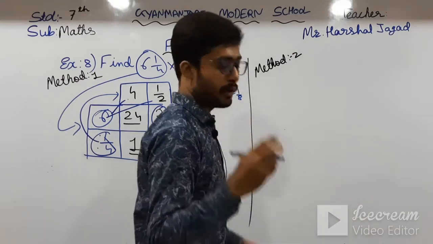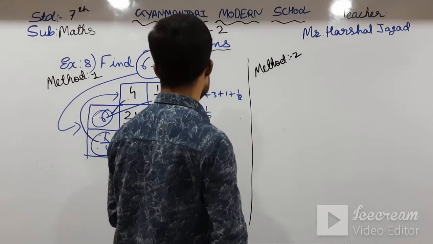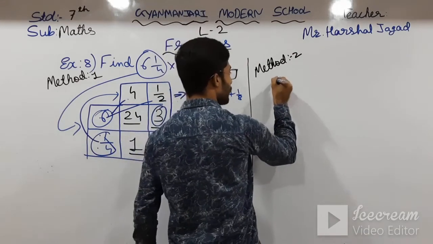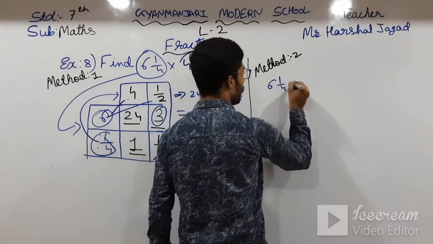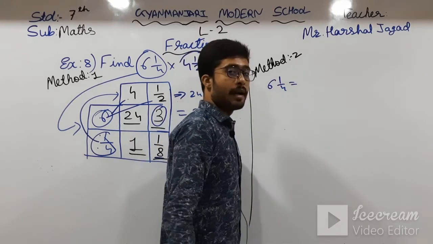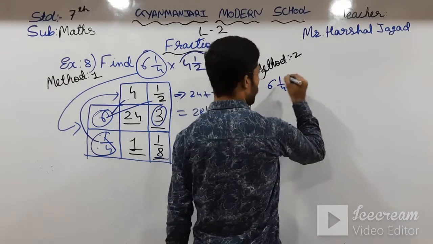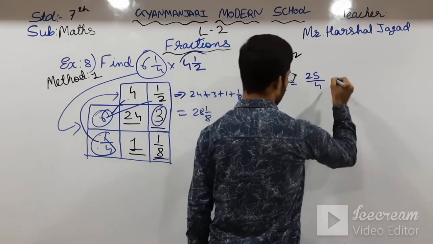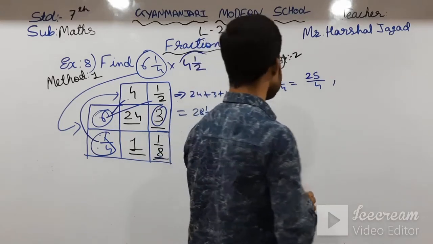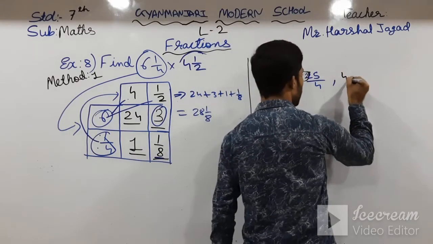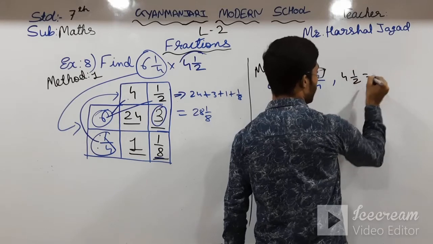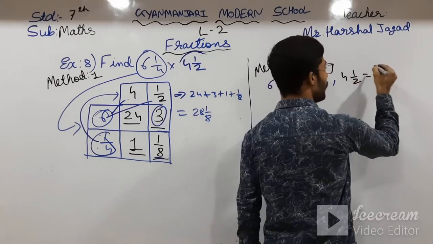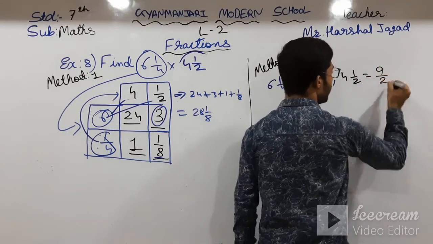Method number 2. First of all, 6 1/4 is equal to 6 4s are 24, 24 plus 1, that is 25/4. Next is 4 1/2. 4 2s are 8, 8 plus 1 is 9/2.